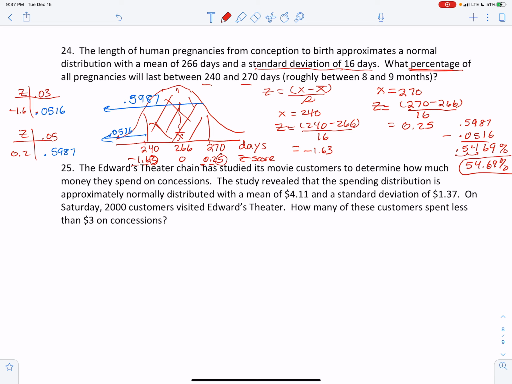So to do that, since we know that the distribution of spending is normally distributed, I can use that bell-shaped curve, and I'll put the mean in the middle. We said the mean was $4.11. Now, the standard deviation was $1.37.